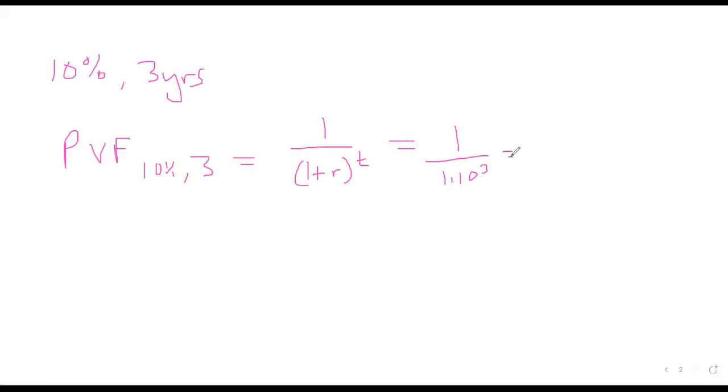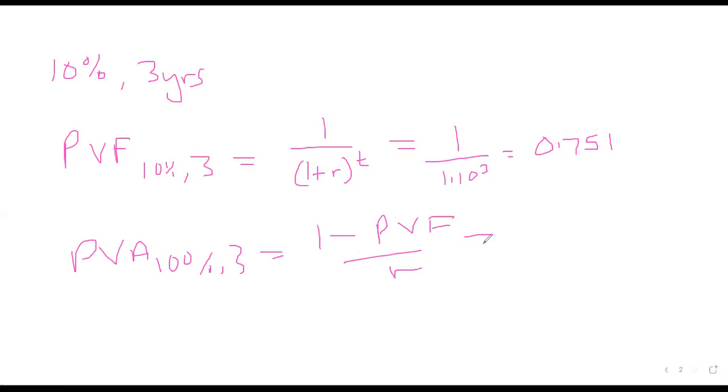We get 0.751. This is the interest factor. The annuity factor, PVA, 10% against 3 is simply 1 minus the present value factor over the interest rate. In this case, our interest rate is simply the 10%. So 1 minus the answer divided by 10%, and we get 2.486, or 2.487 if you want.